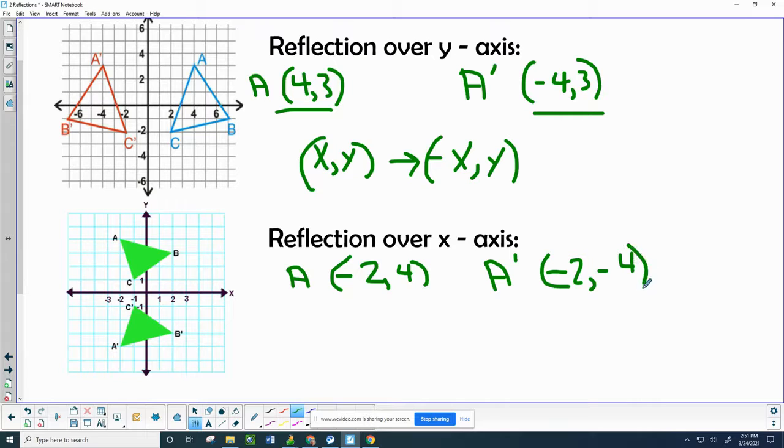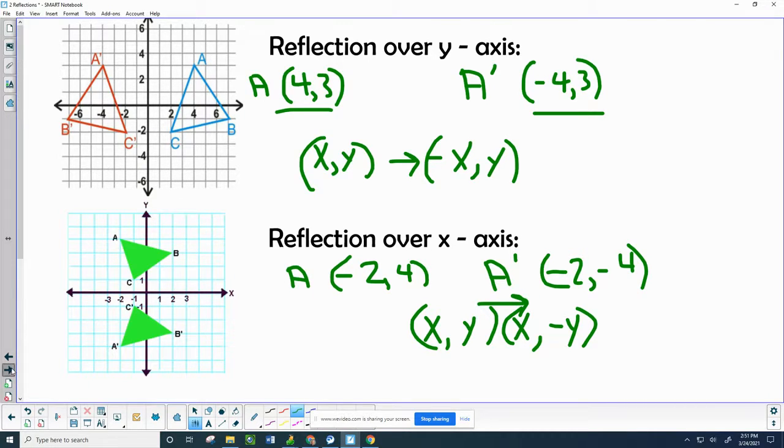So how does this change? What's different on this one? So in this one, when you reflect over the x-axis, the x value stays the same. So on the second image, the x value is the same, but the y value becomes a negative or opposite y value. So that's what happens when you reflect it across the x-axis.